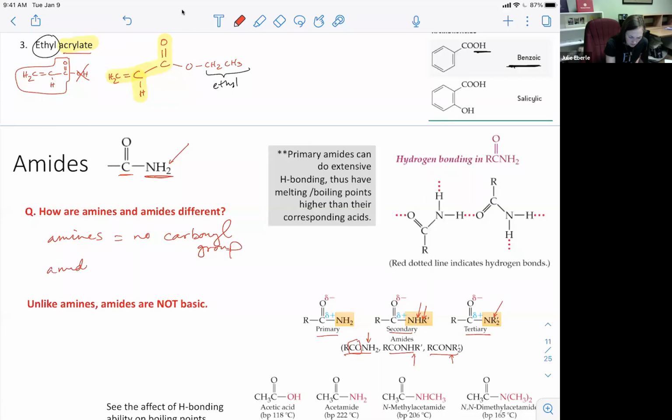Amides, the nitrogen is bonded to a carbonyl carbon. Can y'all read my handwriting? It's kind of rough sometimes. Amines have no carbonyl group. Amides, the nitrogen is bonded to a carbonyl carbon.